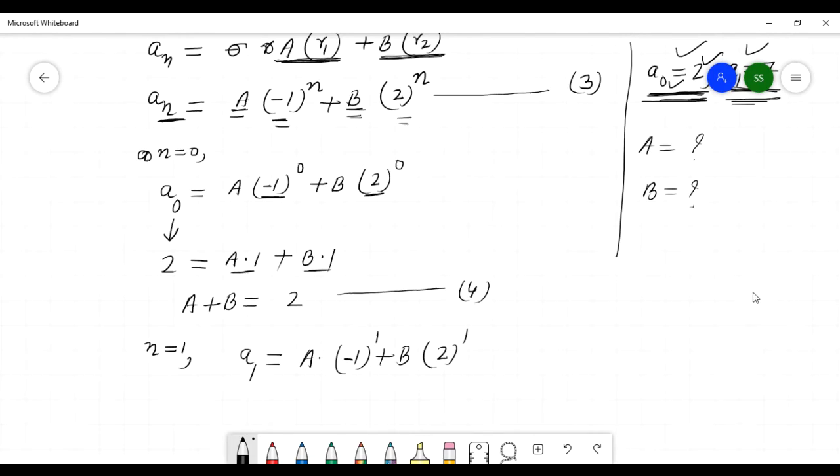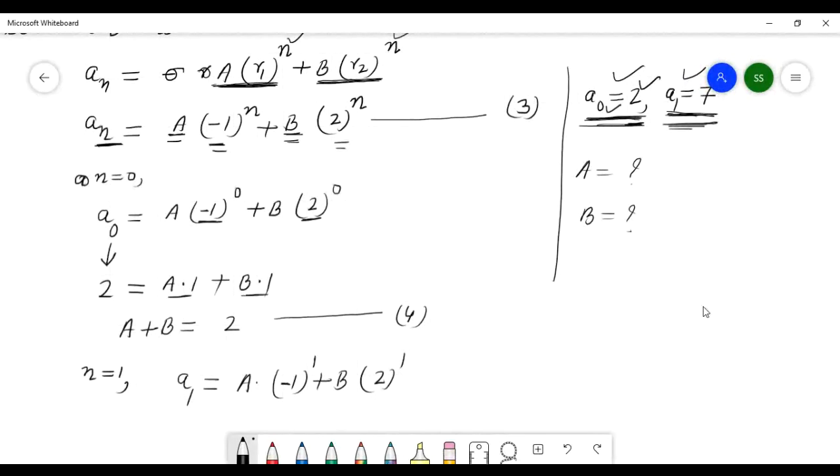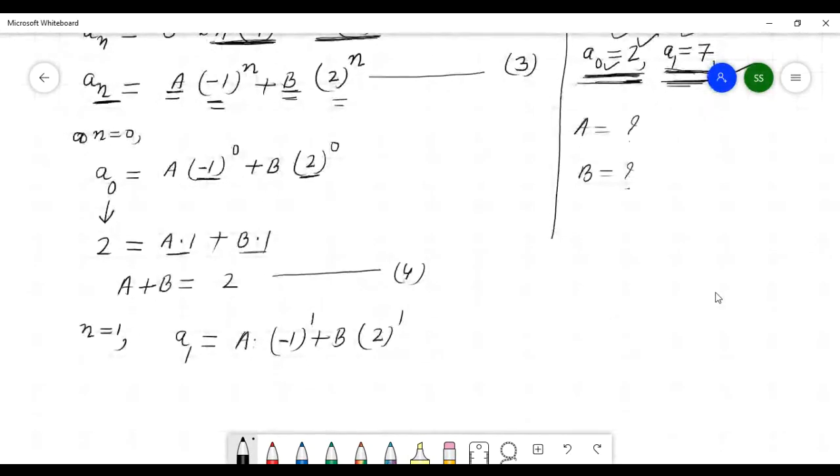Using this second condition. Okay, so now look here. a1 is in the question: a1 equals 7, which is equal to A times (-1) power 1, that is minus 1 times A, plus B times 2.